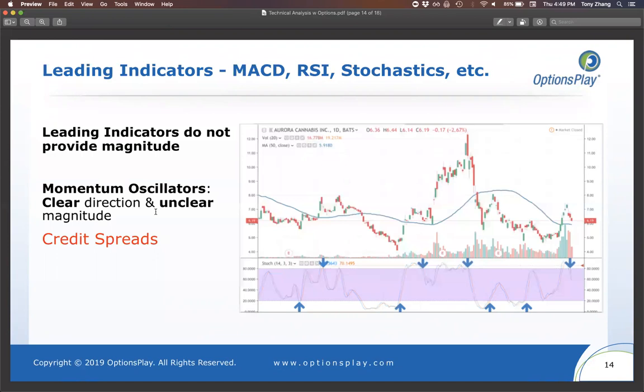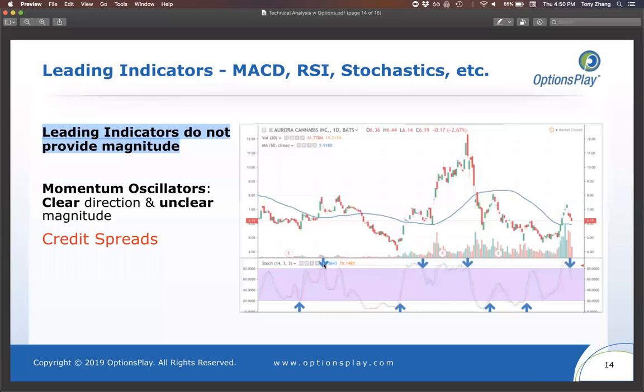But one thing I want to point out is that I see these indicators being misused many times, because leading indicators such as MACD, RSI, and stochastics do not provide magnitude. So here I have a chart of Aurora Cannabis. As you can see, I have stochastics at the bottom of my screen, and it generates multiple buy and sell signals.